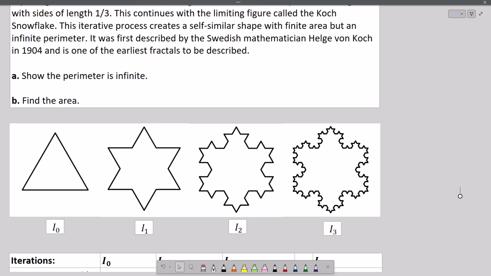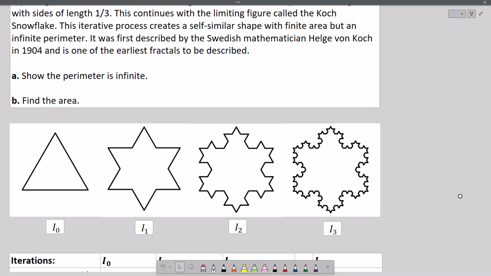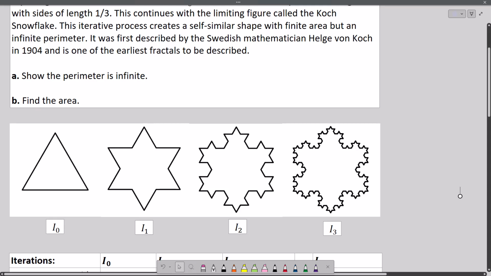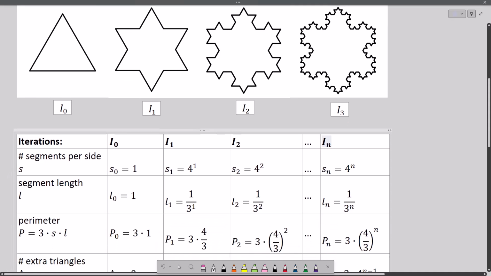And so it turns out you can actually come up with a partial dimension. Length normally has dimension meters, feet, inches, whatever. You can come up with these partial dimensions between 1 and 2 when you're measuring things that are really jagged and sawtoothed. At any rate, we can show that this perimeter is infinite very easily.